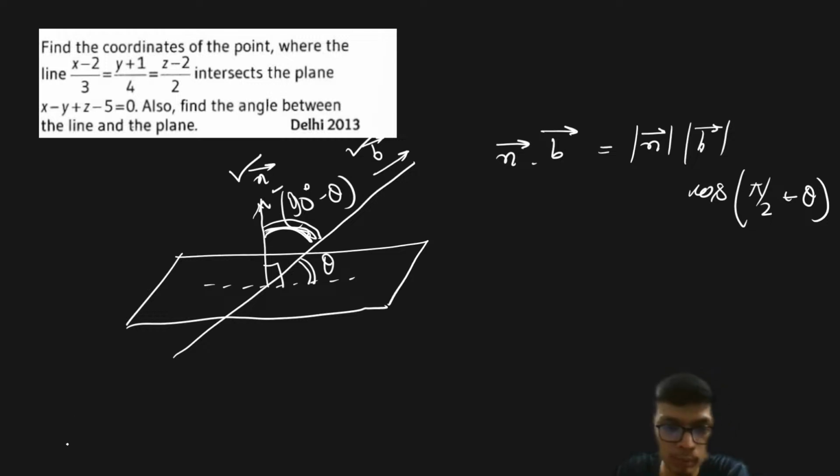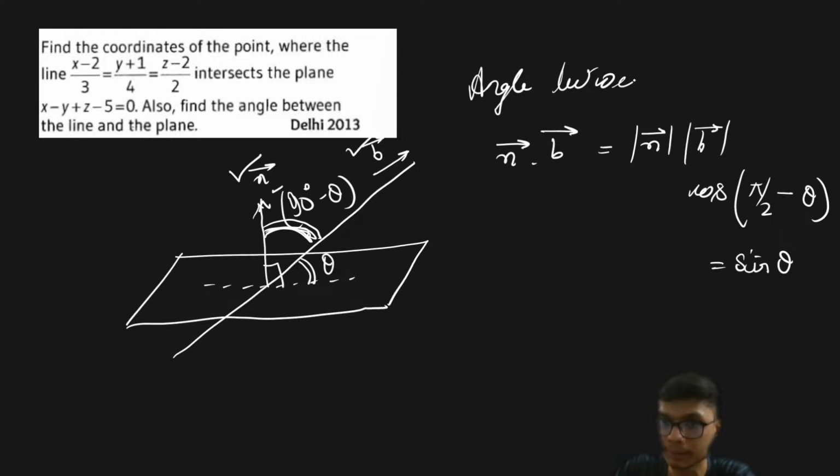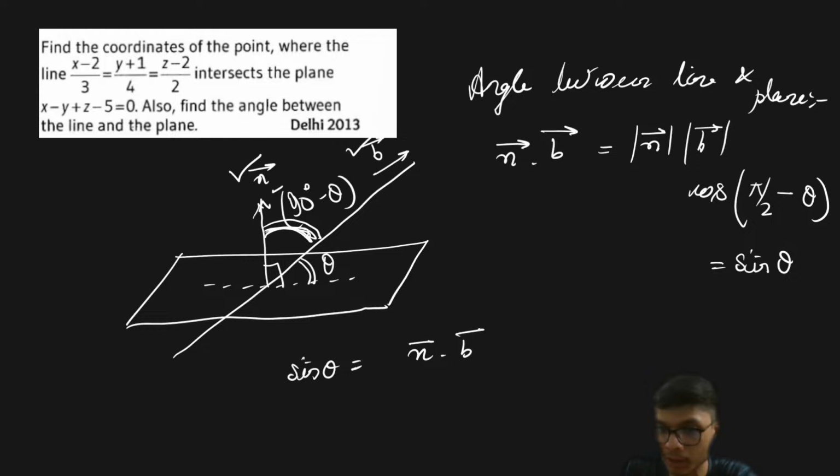That becomes sine theta. So for the angle between a line and a plane, sine theta equals n vector dot b vector divided by mod of n into mod of b. So that is what we are going to use.